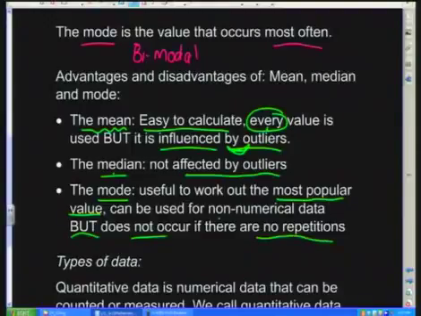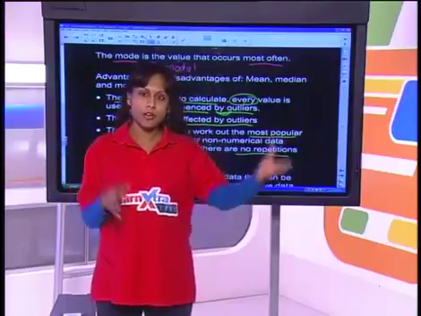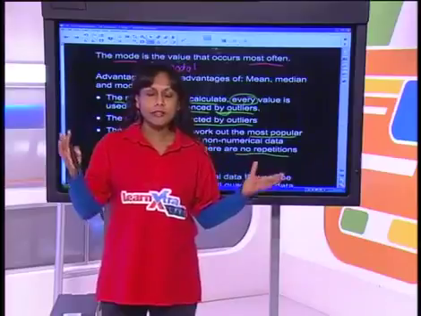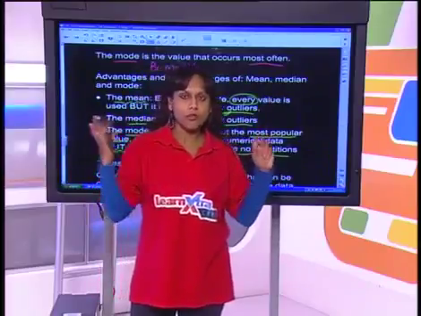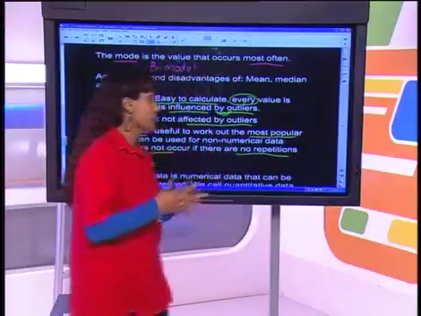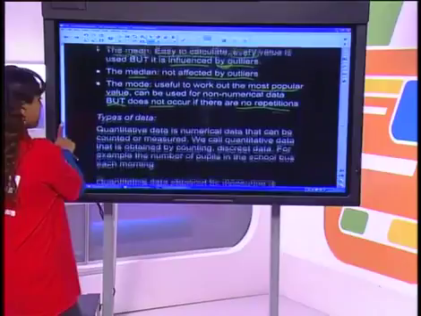So if every single one in your school likes a different product, all right, there's no repetition, so not all of you like the orange cool drink or whatever it is, then you can't use the mode. Okay, so it only works if you have repetitions.